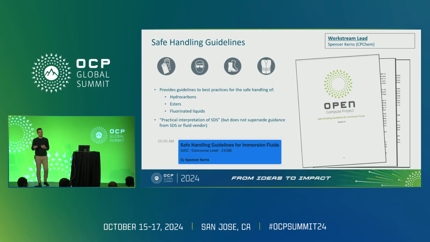In a nutshell, it's about bridging the gap between the knowledge that the chemists have and the knowledge that the day-to-day data center operators need to safely handle, store, etc., immersion fluids in the data center.